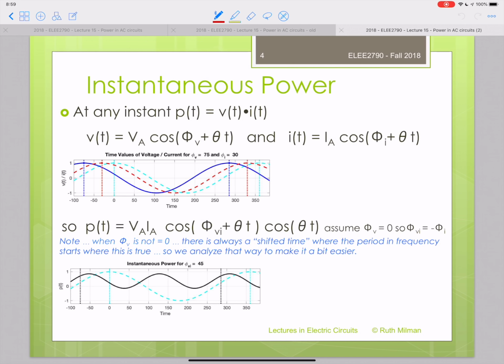When we consider the instantaneous power in an AC circuit, we know that that power is now a quantity that changes over time. And we can take a look at this and recognize some of the information that we have. We know that voltage, if you have a single frequency, can be defined as a phasor where we have the voltage amplitude at an angle of phi v, which is simply the phase shift.